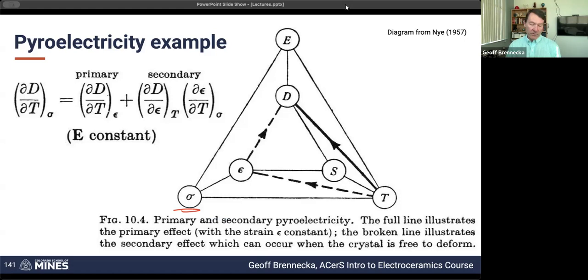So we often refer to 0 stress state as free, and 0 strain as clamped. So 0 strain means essentially I've glued this thing to something else that's way stiffer than it so that it cannot move. That's the conceptual way to think about it.